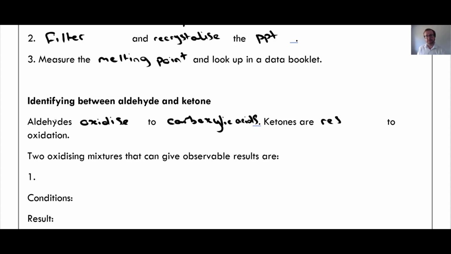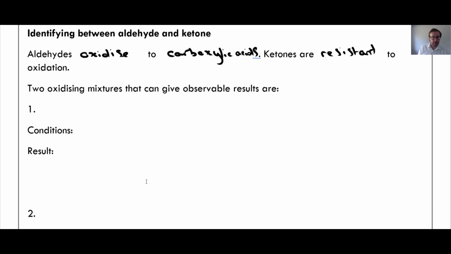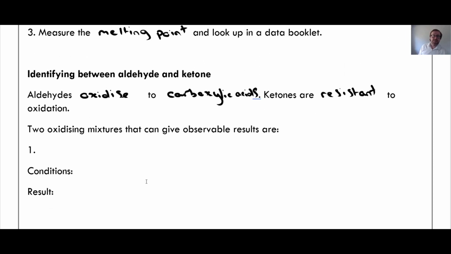Ketones are resistant to oxidation. So there are two oxidizing mixtures that can give us observable results. One is H plus and dichromate ion, such as acidified potassium dichromate. The condition is that we need to warm it.